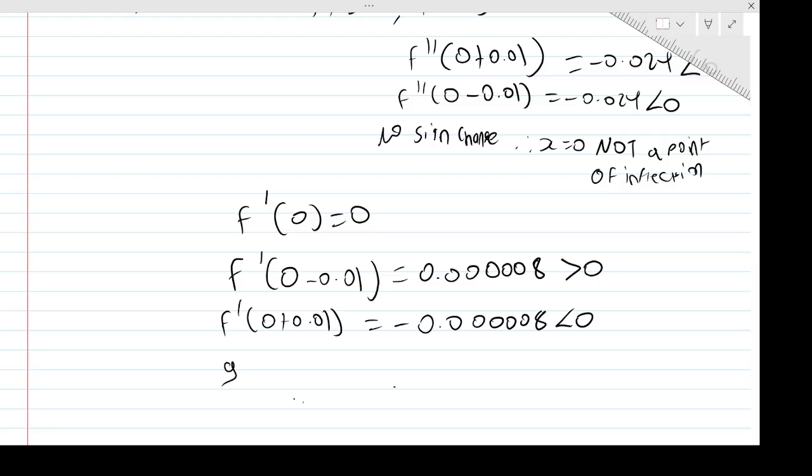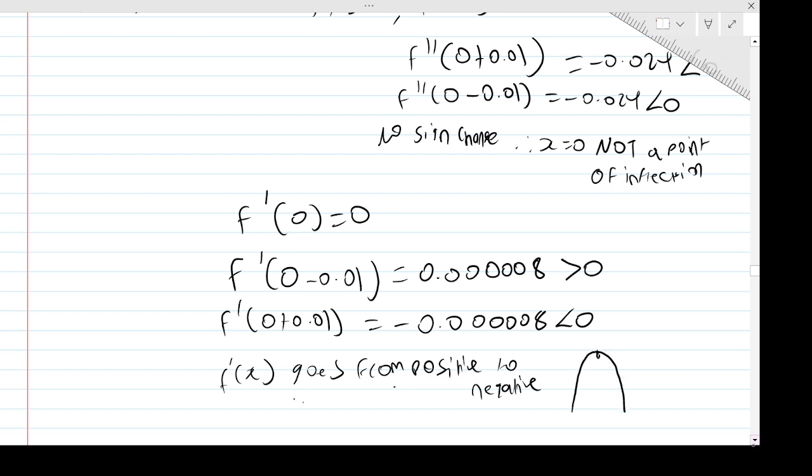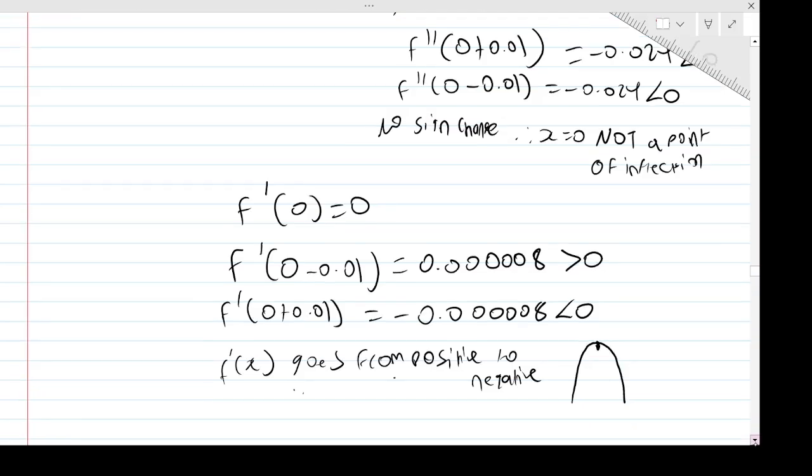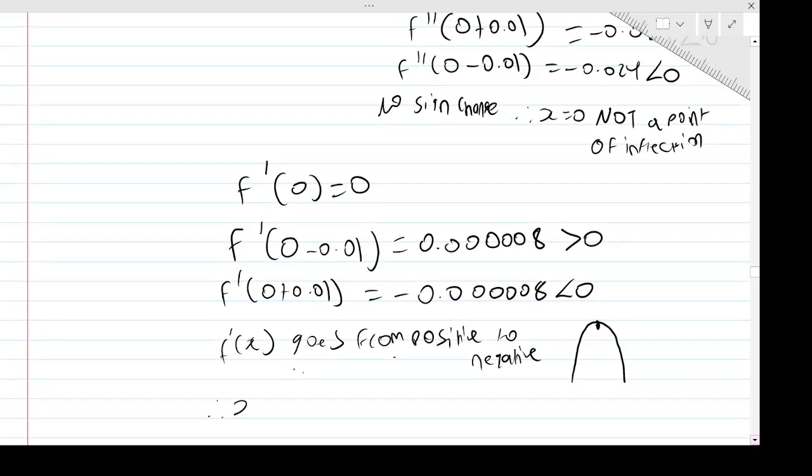So f dash of x goes from positive to negative. So think about it then. That's saying that the gradient is positive to negative, or in other words, the curve is going upwards then downwards after the point. Okay, that obviously then is going to be a maximum. So therefore x is equal to 0 is a maximum.